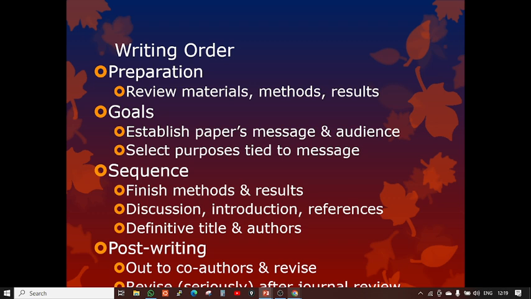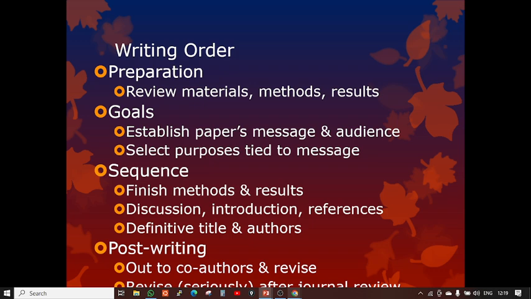So you have to focus your message and audience. With this purpose you combine all your notes. Whenever you are doing research you make notes, and then you combine all these things by selecting the audience.